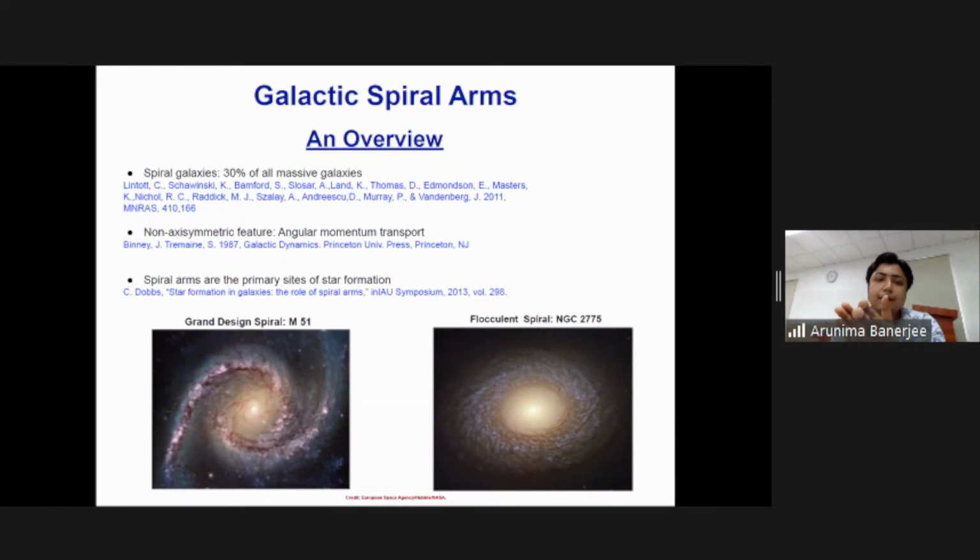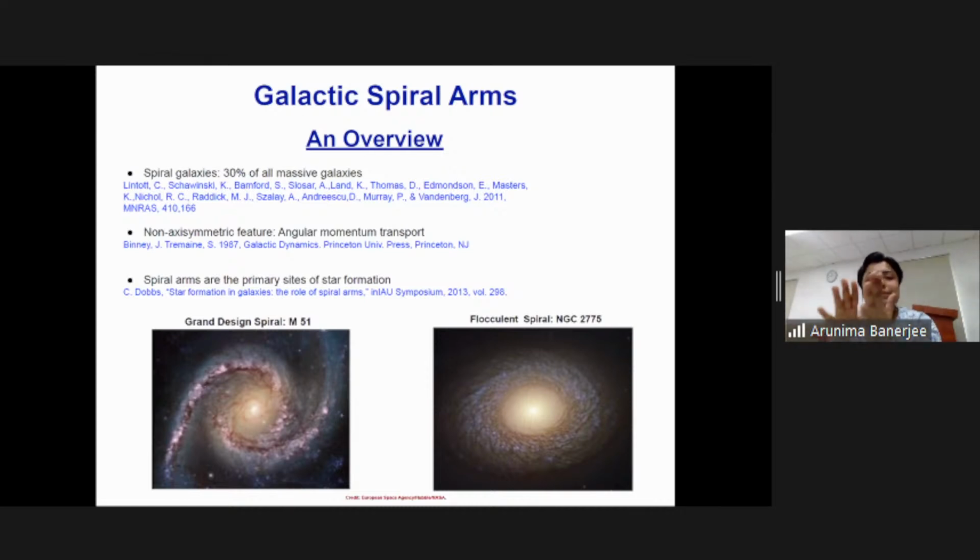And you can also work it out. It is a fun problem. If you had a spherically symmetric disk within a spherically symmetric dark matter halo, there wouldn't be any angular momentum transport between the disk and the dark matter halo. You can work this out. This is a fun problem in classical mechanics. So there has to be some sort of non-axisymmetry present in the disk for angular momentum transport.